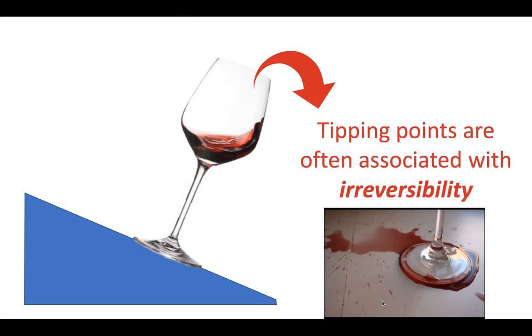Now, the term tipping point actually came from physicists thinking about champagne glasses that are shaped a little bit like this. If you think about a glass holding a liquid, once it tips over, that liquid spills out. And even if you can right the glass, the liquid doesn't ever go back into the glass. And so very often these tipping points are associated with irreversibility.